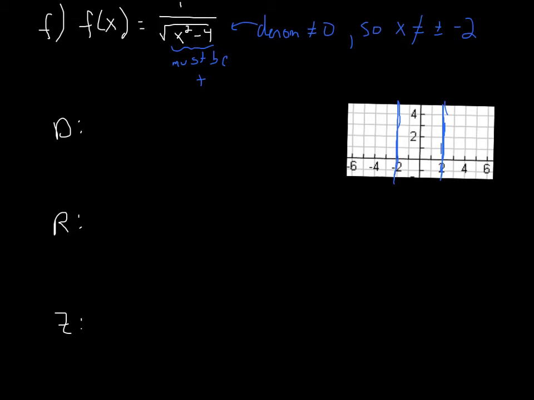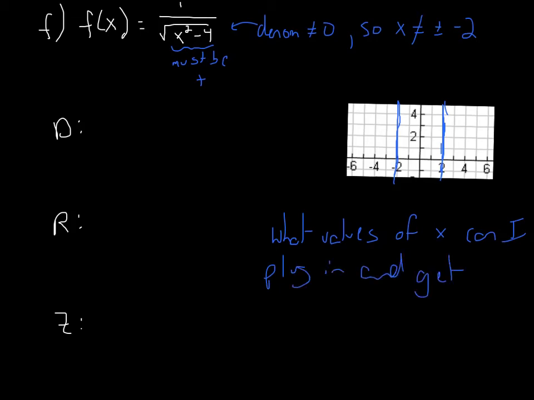But alright, so here's the question. What values of x are you allowed to plug in? Let me write that. What values of x can I plug in and get a real result?